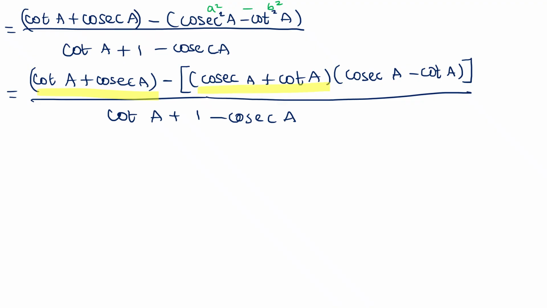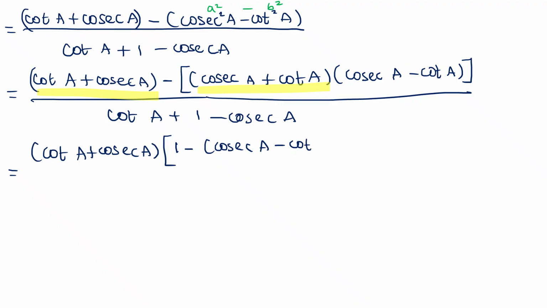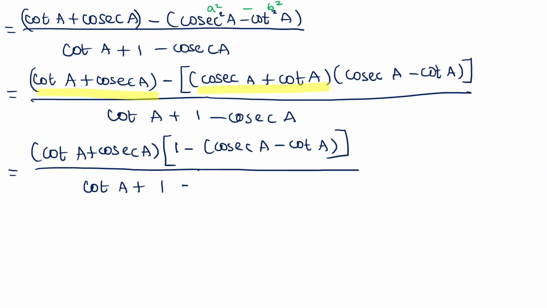So that is cot A plus cosecant A, inside a bracket 1 minus cosecant A minus cot A, that whole divided by cot A plus 1 minus cosecant A.